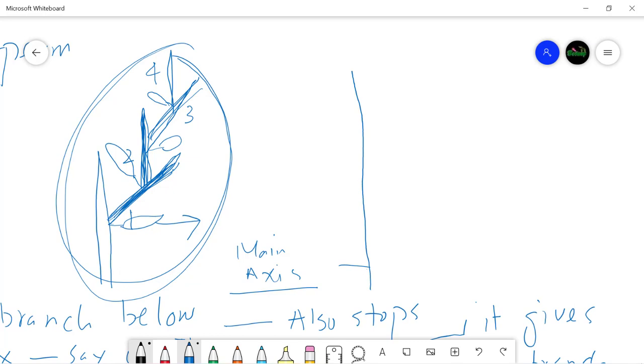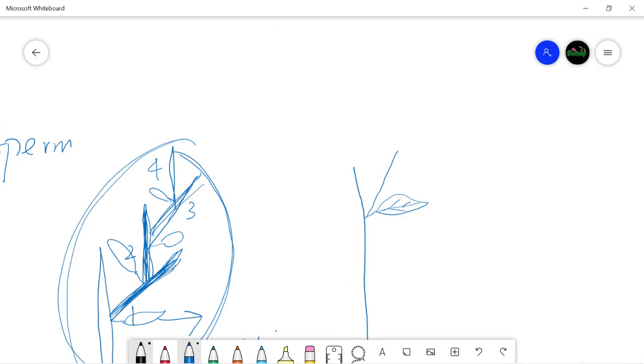So let's draw it. This is the main axis and its apex has stopped growing, and this is the leaf in the axil of which a branch arises, now say on the right side. So this is the branch on the right side, and it again stops growing and it gives off a branch in the axil of a leaf, and now on the opposite side.